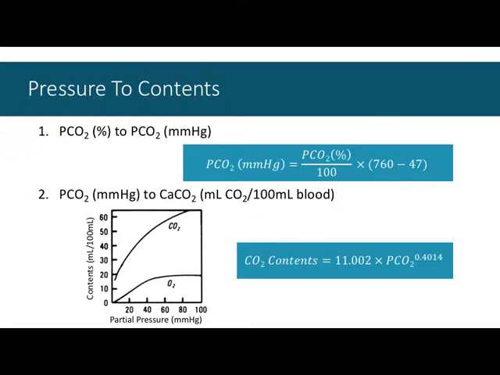This will be static as a conversion. It's like converting kilometers to miles. After you've done this, contents is what we want to put in the equation.